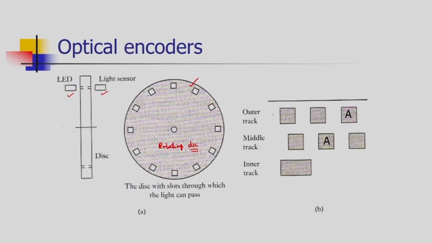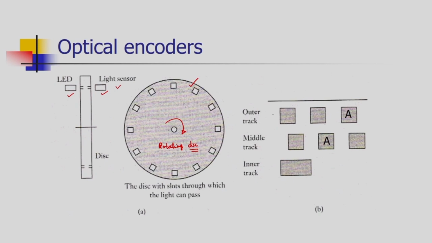There is a continuous passage of light from the LED and the light sensor is sensing it in a continuous mode. So when the disc rotates and there is an obstruction for the passage of light, there is no reception of light at the light sensor.